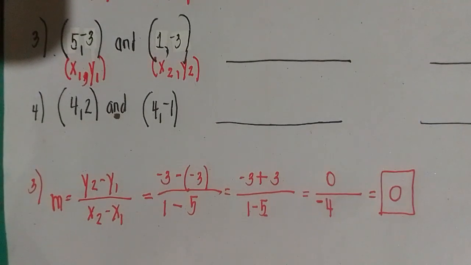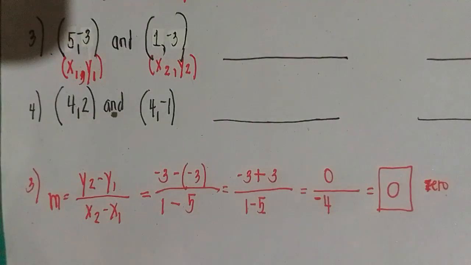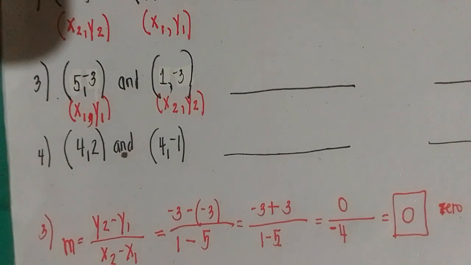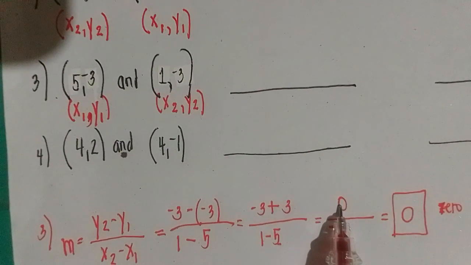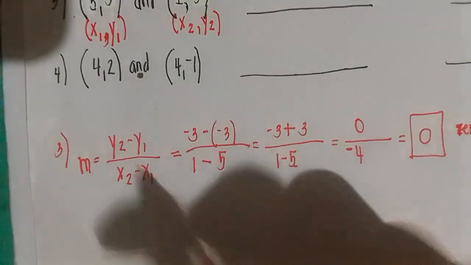Right? 0 divided by any real number is equal to 0 still. As in 0, yes. Please take note that I have given the difference between 0 and undefined. It is 0 if the numerator is 0. Undefined is when 0 is the denominator and the numerator has a value. Just like this.